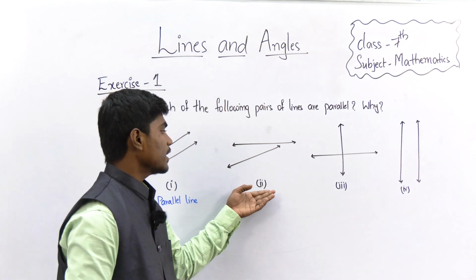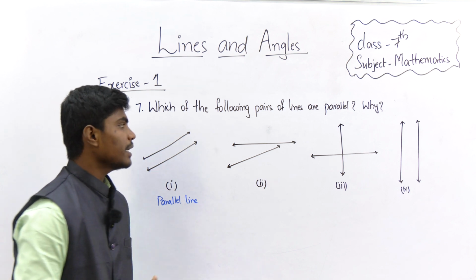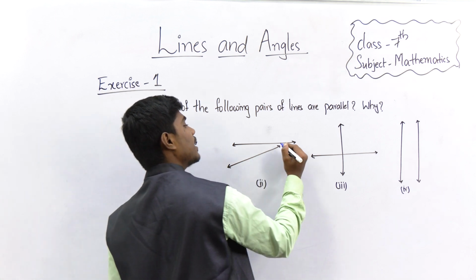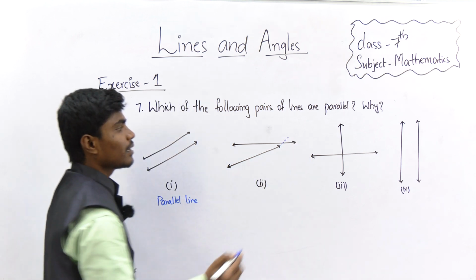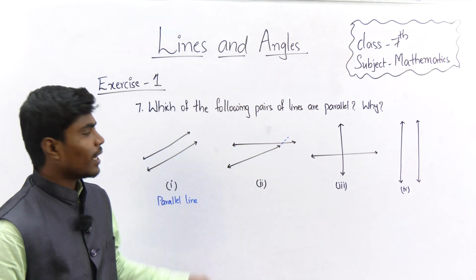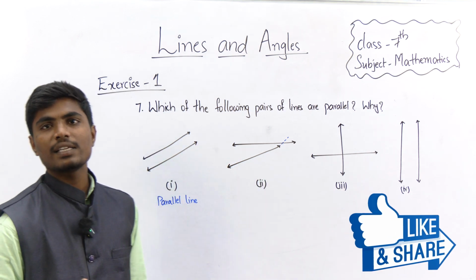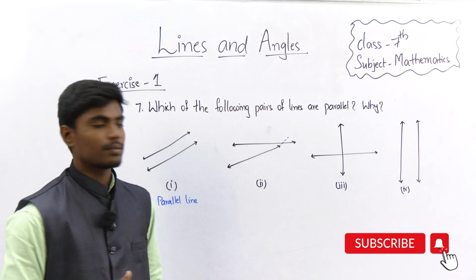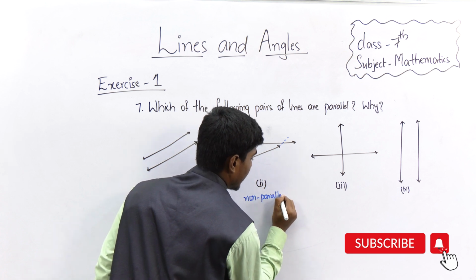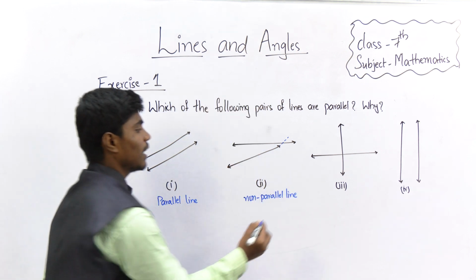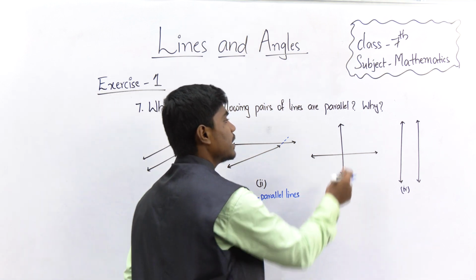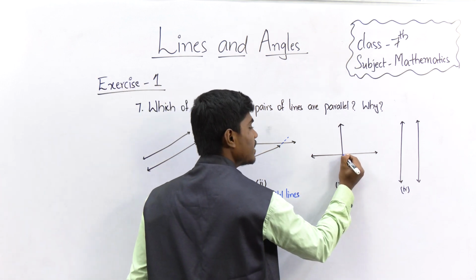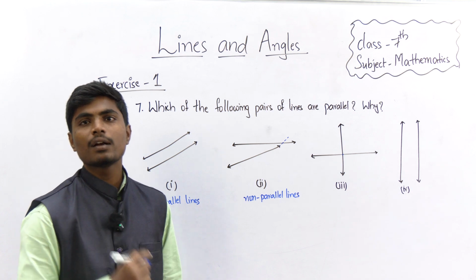Now let's move to the second figure. Here he gave 2 lines, and if we extend the second line, the lines intersect each other. So these are non-parallel lines. Here the 2 lines in the third figure have an intersecting point, which means they have one common point.